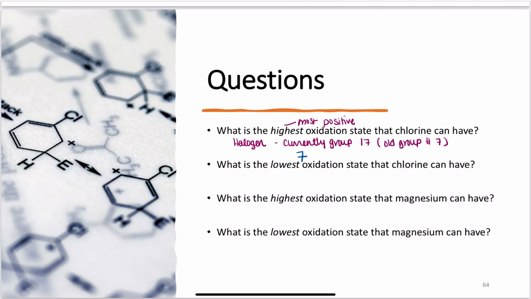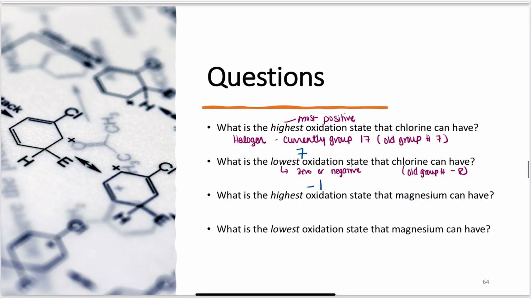What is the lowest? Lowest meaning 0 or negative. Chlorine is a nonmetal, so it can go negative. So it's going to be that old group number minus 8, or a value of -1.